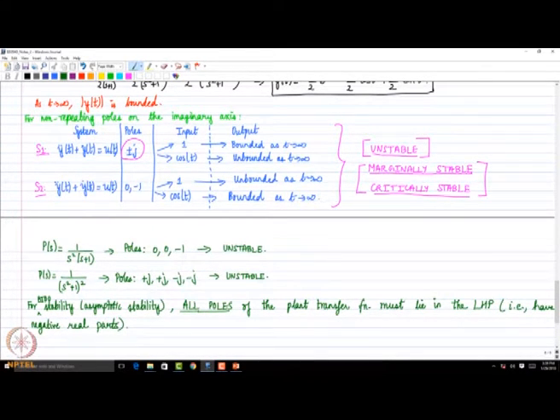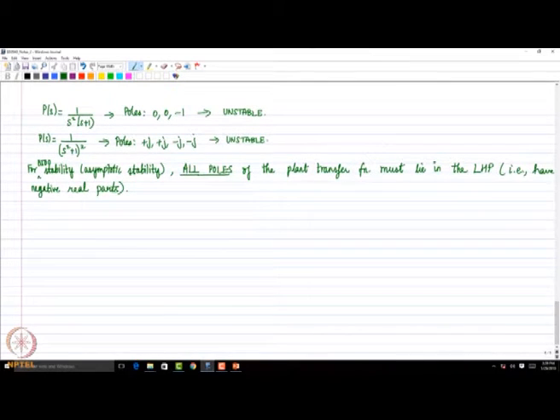That is one important thing. We could observe it from example number 1 that we did yesterday. The poles were at -2 and -3; you take any bounded input, the output will be bounded. So, that is a guaranteed result, okay. So, that is one thing.